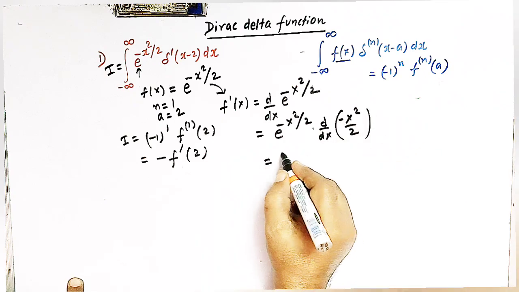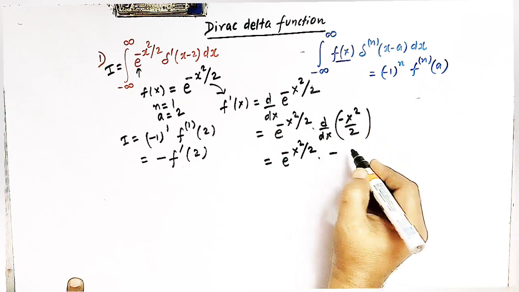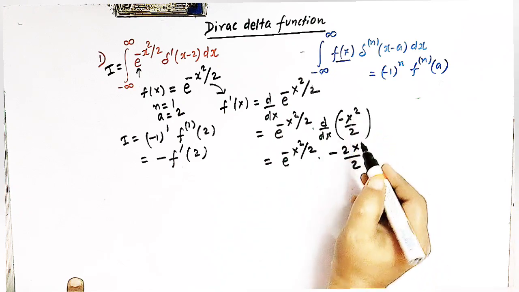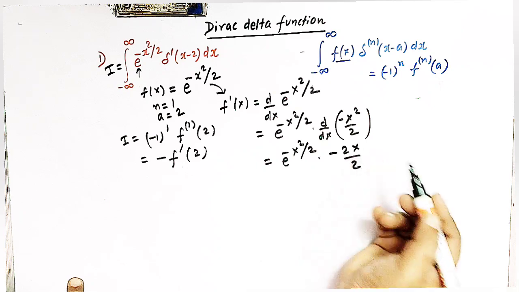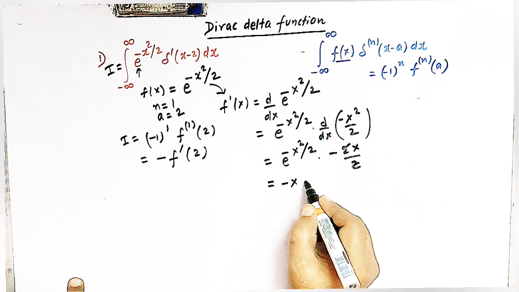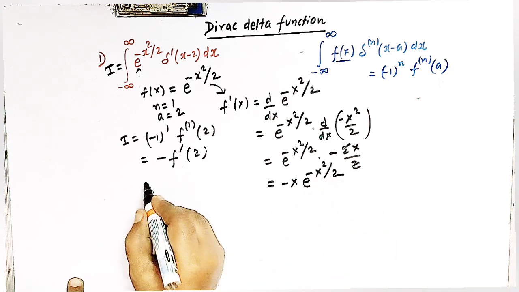So we have e raised to minus x square over 2, and here we have minus 2x over 2, because the derivative of x square is 2x, and 2 and 2 get cancelled, so we have minus x e raised to minus x square over 2.